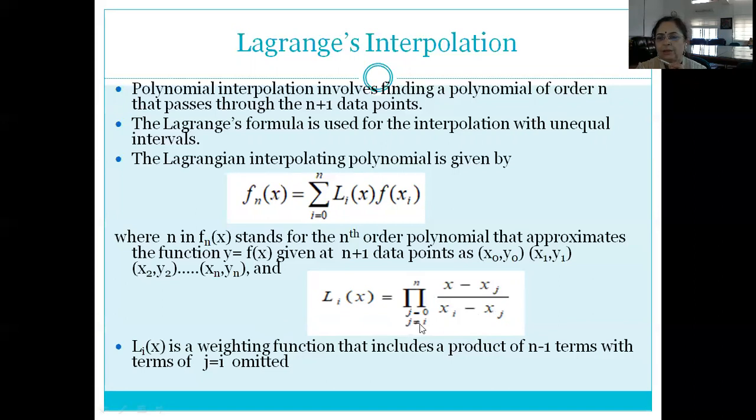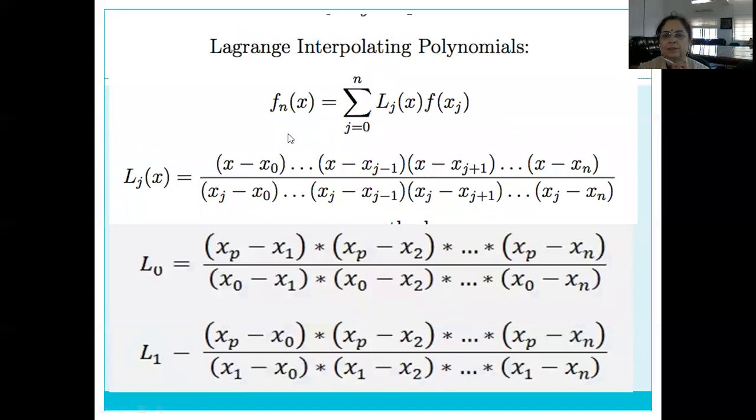So i not equal to j, this condition should be understood. Except for the same values of i and j, this function needs to be evaluated for each data point. It is difficult to understand in expression form, but we can understand it clearly if we look at the details.